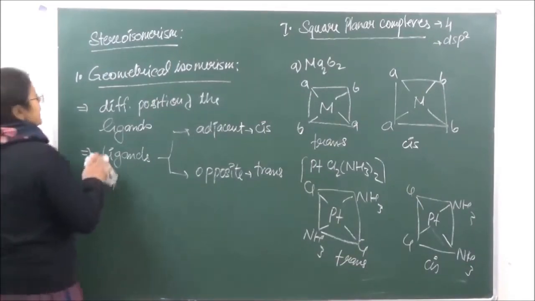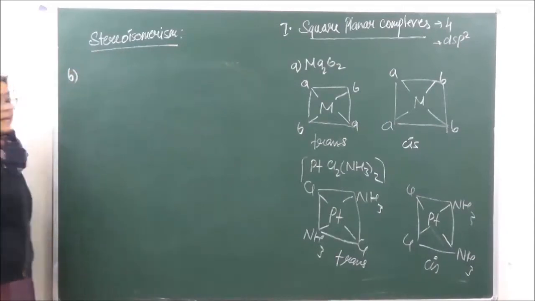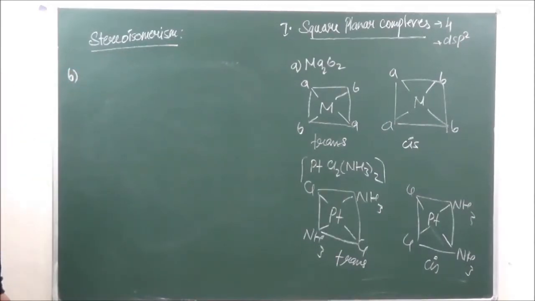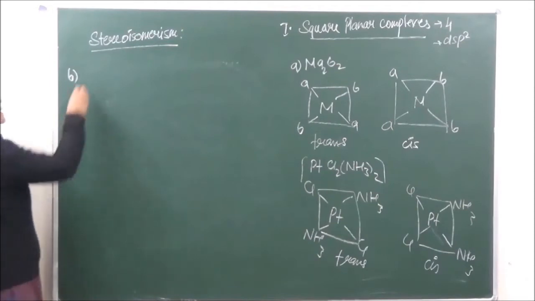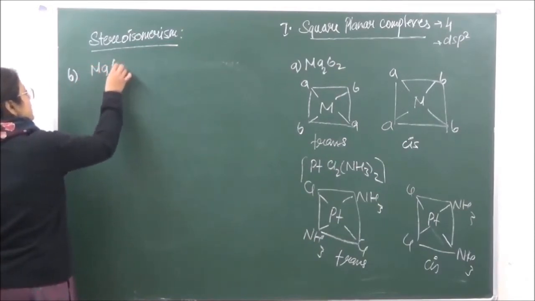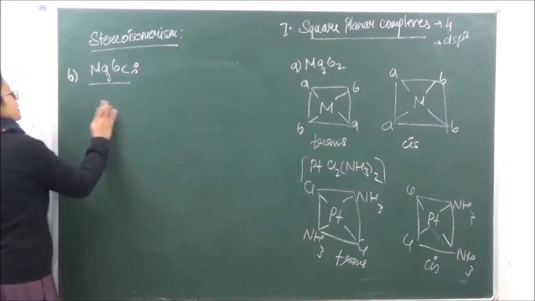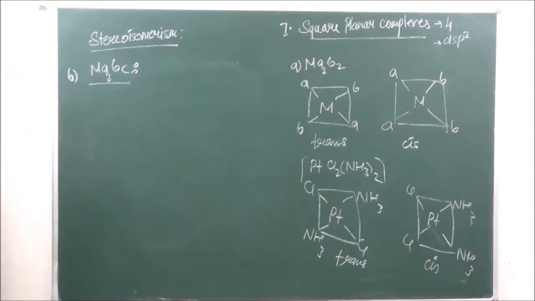Let's take the second type of compounds. The second type of compounds which we have over here is Ma2Bc.